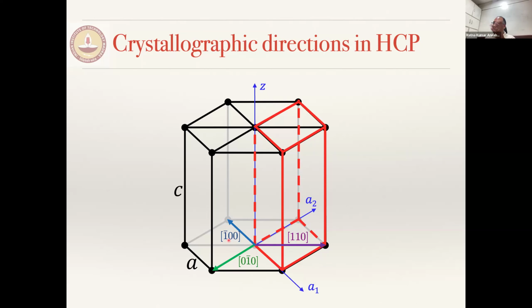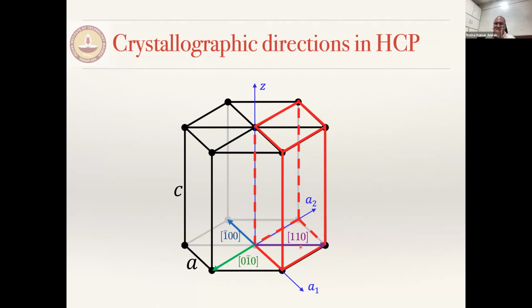That means it should be some permutation of 1, 0, 0. It cannot be a new index. So if you are using this 3 index notation in a hexagonal crystal structure, your convention that equivalent crystallographic directions will have the same set of indices will be broken. That is what we have seen here.